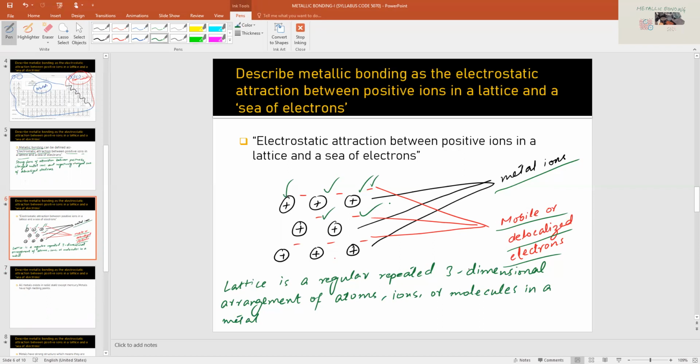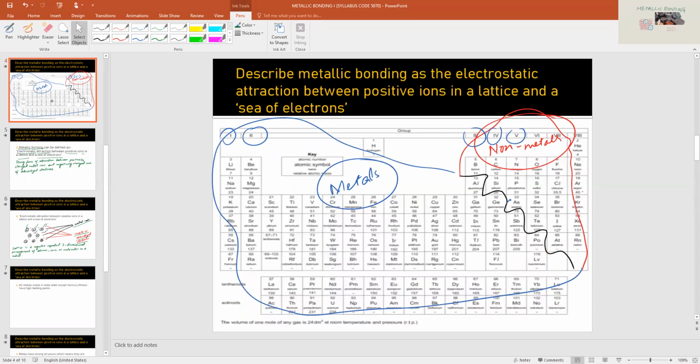The number of mobile or delocalized electrons depends on the group number. For instance, group 1 has one valence electron. Group 2 has two valence electrons, and so on.